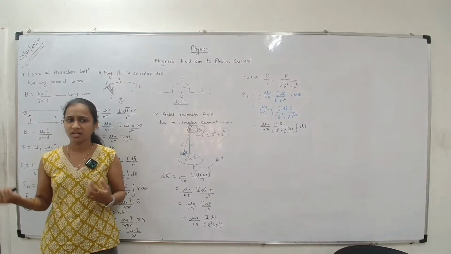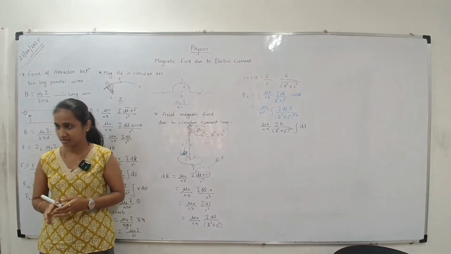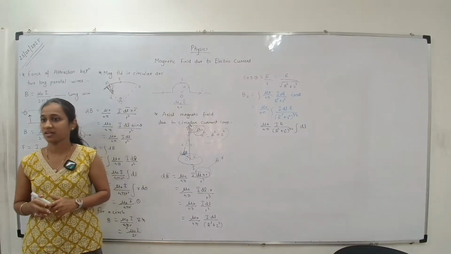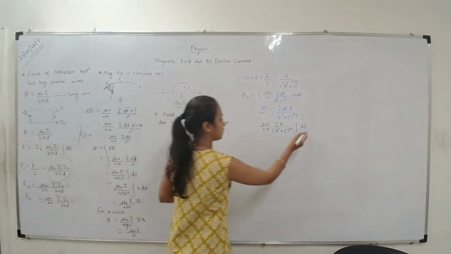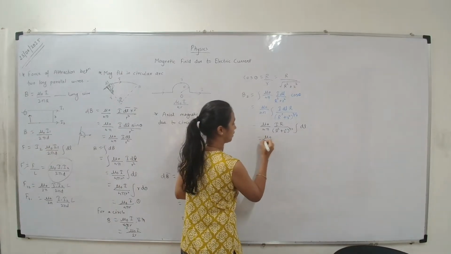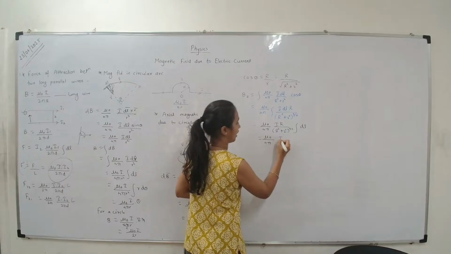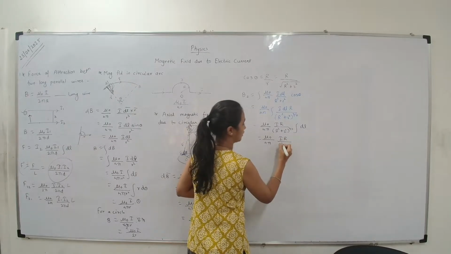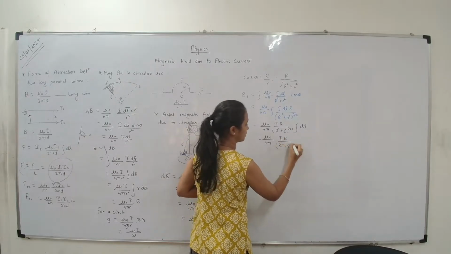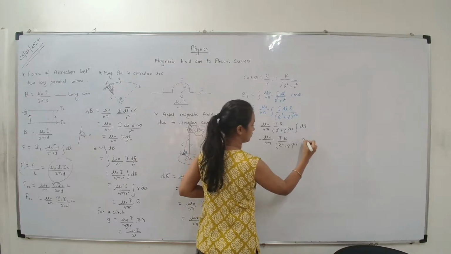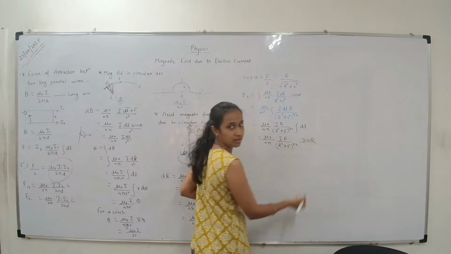So circle ची पूर्ण length is nothing but the circumference. Circumference of circle चा formula रणवीर 2 pi r, so it will be mu naught upon 4 pi I r, r square plus z square raised to 3 by 2 into 2 pi r, right?